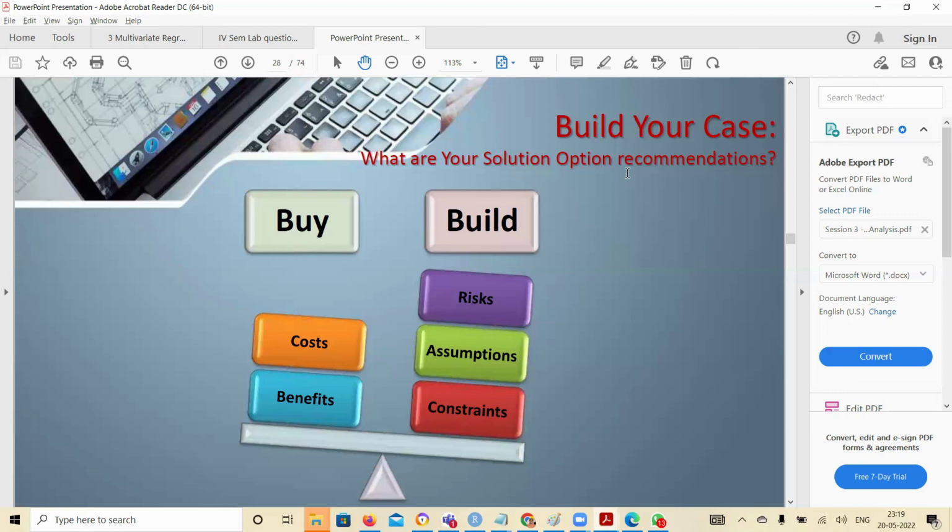Build is, okay, you said, no, let me prepare food myself. You have to buy the raw material, of course, but you also have to run the risk, right? Risk is, what if you're cooking and it doesn't turn out to be good?